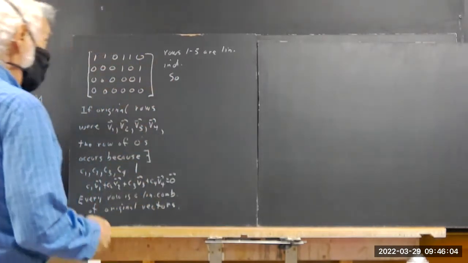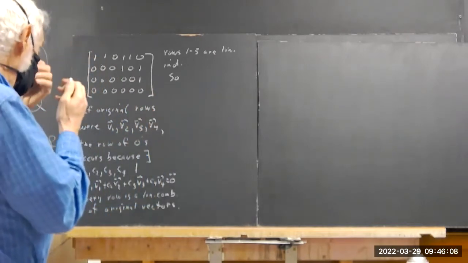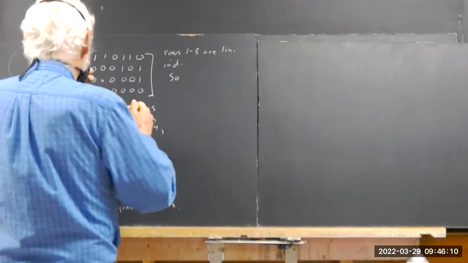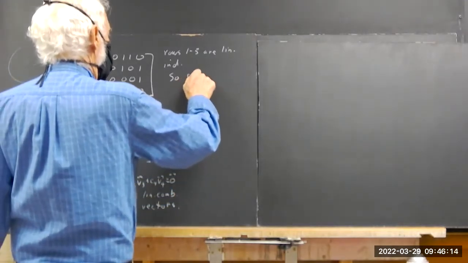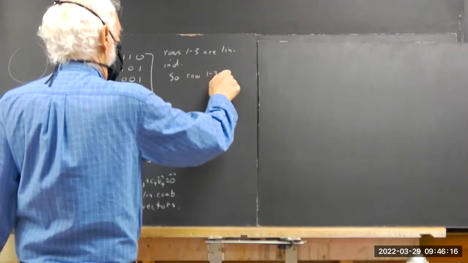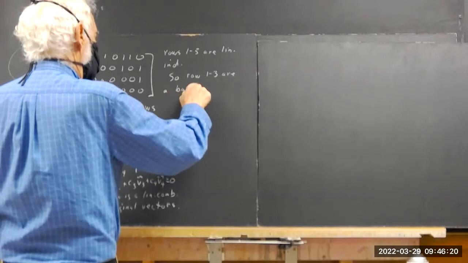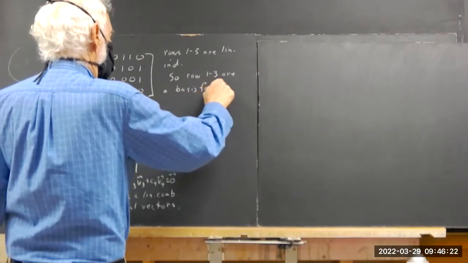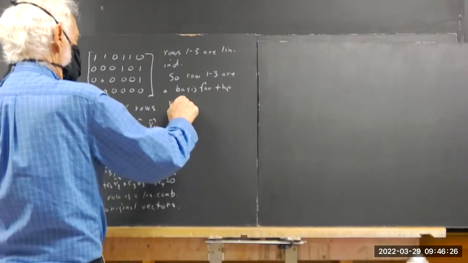It follows that these rows are a basis for the row space.